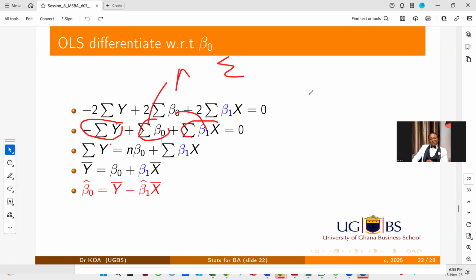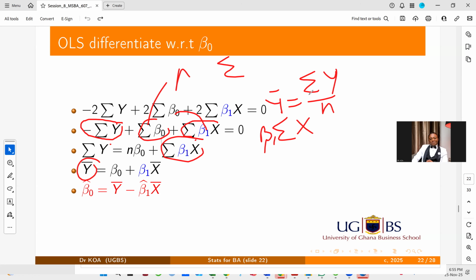When you have sigma y divided by n, that is actually y bar. That's the mean of y. So sigma y divided by n gives you the y bar. And then you have beta 1 out, sigma x also divided by n, that will give you x bar. So it's just like the sum of the x divided by the sample size.